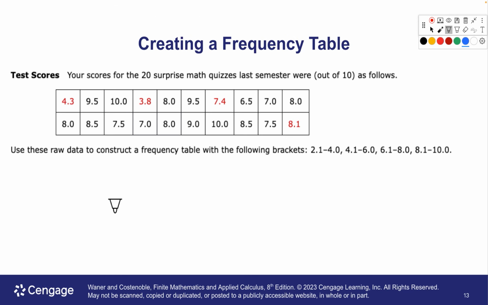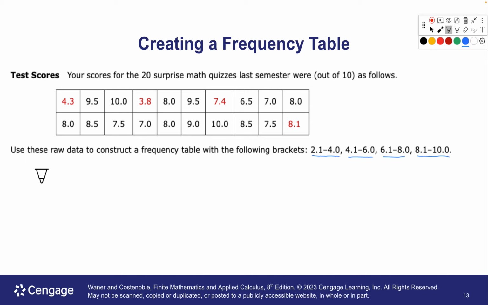And finally, one of the homework questions, I did a screen capture on this, is to actually set up the frequency table. For some of you this might not be too big of a challenge, but I just wanted to go through it. They will give you what they call the brackets, or, what did we call it, data bins.